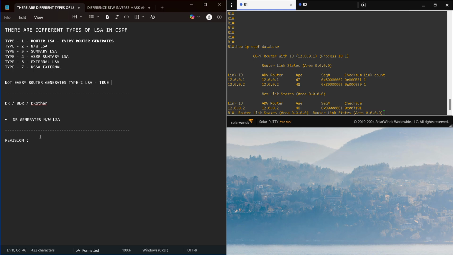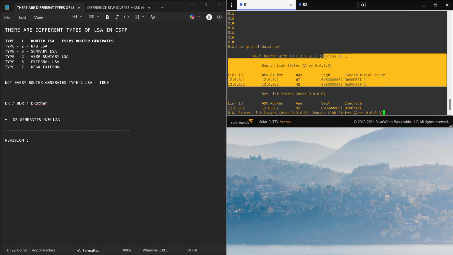Now let's revise what we have learned so far. The very first thing we learned was that OSPF routers receive first-hand information, right? Because all the routers generate LSAs, then the LSAs get maintained or stored in our LSDBs, right? Now there are different types of LSAs in OSPF.